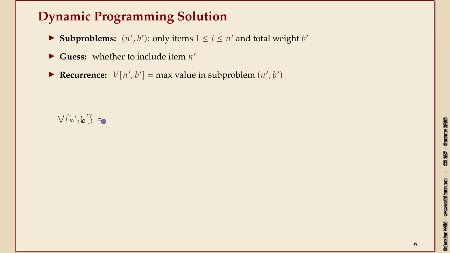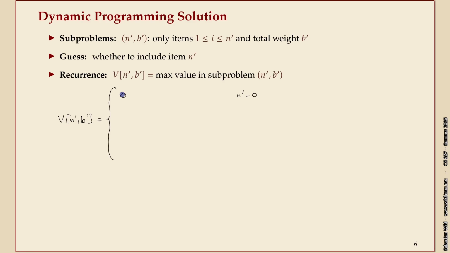So we'll need some base cases. We can do the idiotic base case when n prime is 0 and I'm not allowed any items. Then the maximal value has to be 0.